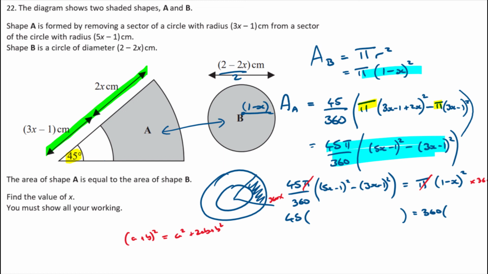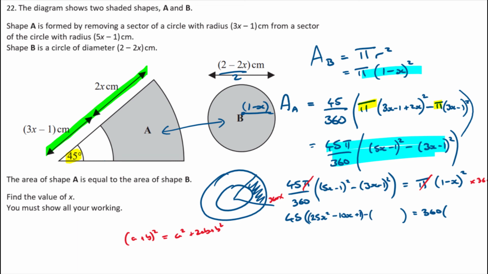So 5x, I'm going to square the first term. That's going to be 25x squared. Then two lots of the two terms multiplied together, so that's going to be minus 10x, and then minus 1 times minus 1, which is plus 1. And then in the second bracket, oh, and there's a minus sign as well, so maybe I'll keep these separate for now.